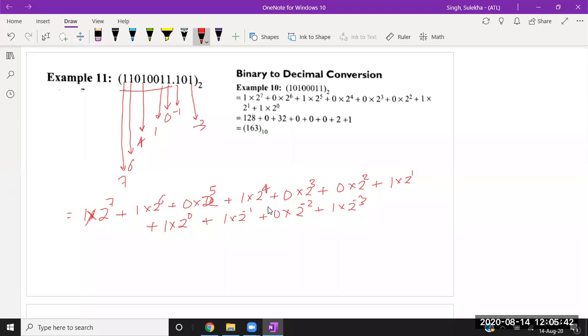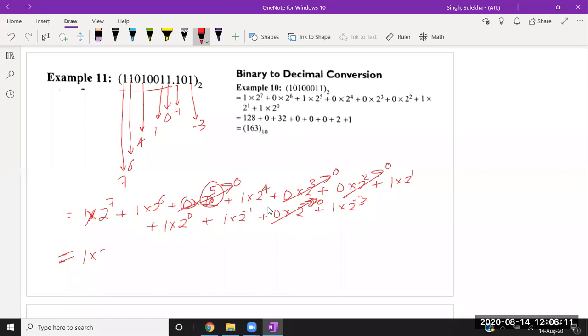Another thing is you can neglect the zero terms, because whenever you multiply any value with 0, you will get 0. So for solving it in a faster way, you can consider only the values which are non-zero.